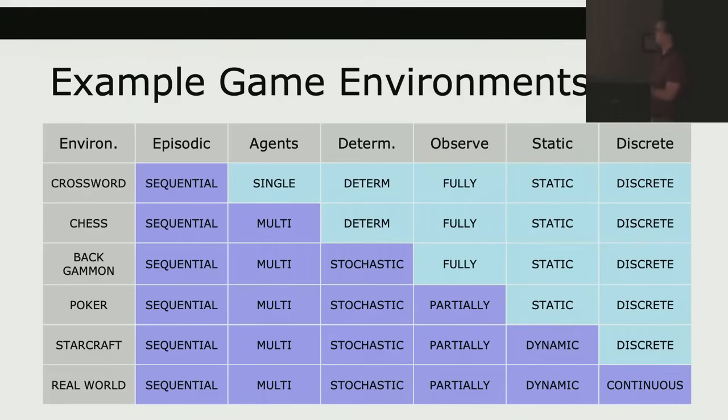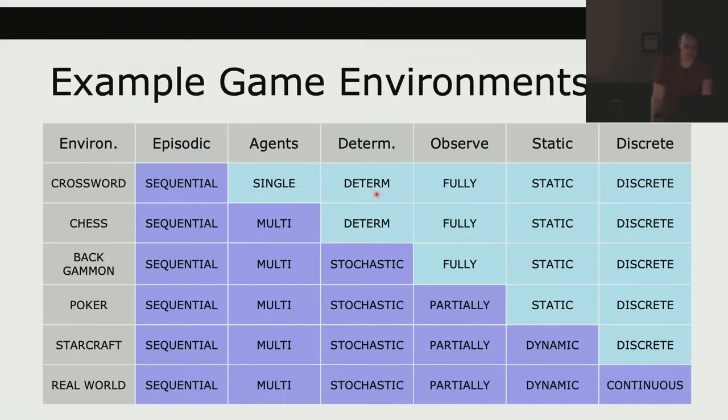So here's a little chart for the end. Thinking about these properties of game environments, each of them has an easier mode and a harder mode. If we look at solving a crossword puzzle, what are its properties? Well, that is a sequential problem because the words I write down at the beginning will influence what I can write down at the end.